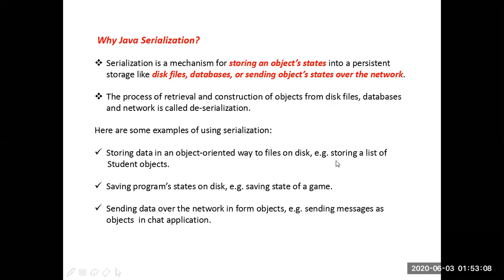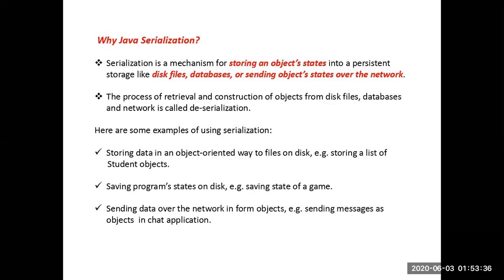And one more example is storing a list of student objects. Regularly we store student data as an object. That means for every student we store the data in the form of an object. For the student, we create object S1, S1.name, S1.age, S1.subject1 marks, subject 2 marks, subject 3 marks, like that. The state of the student will be saved in the form of an object.